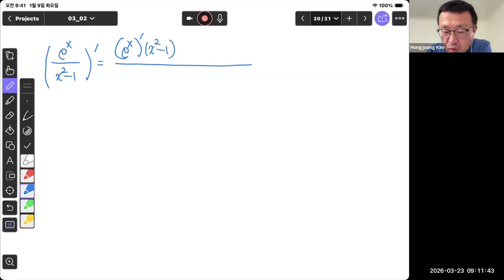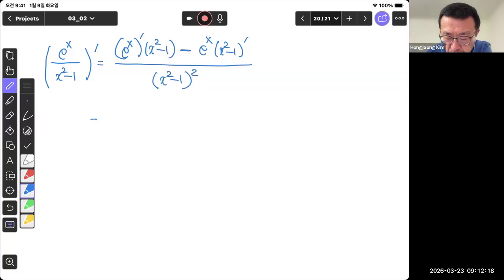And then you need to subtract the next term. And then what is the next term? You multiply the numerator, unchanged, and then you multiply the derivative of the denominator. So x squared minus 1 is differentiated, and then it is multiplied by e to the x, the numerator. And then what is the denominator in this case? The denominator is the original denominator squared.